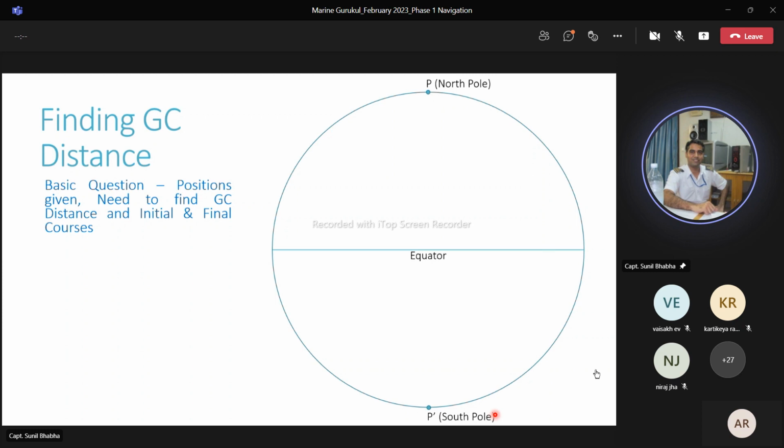So let's now plot our initial and final positions. These positions are given to us in the question. Let's assume that the initial position of the ship was at this particular location. Let's name it as A. So A is our initial position.